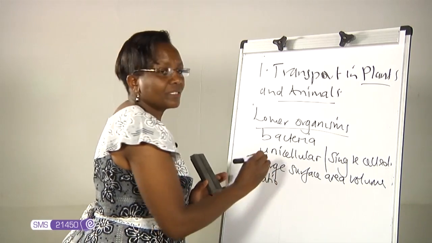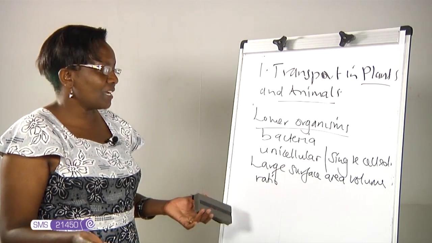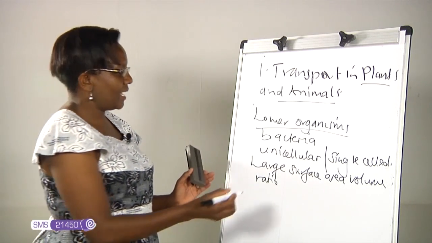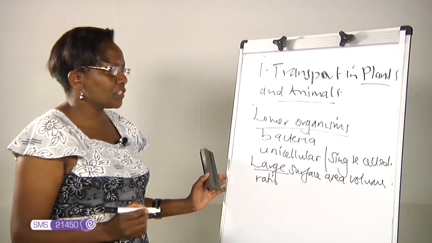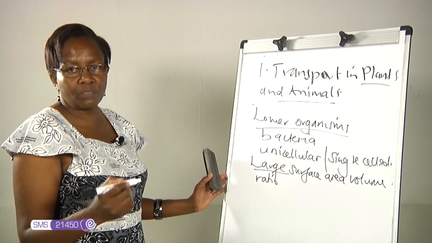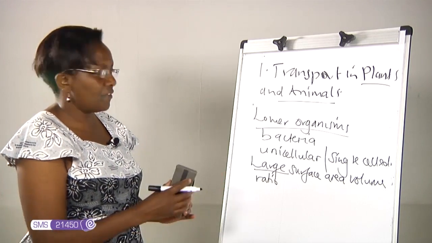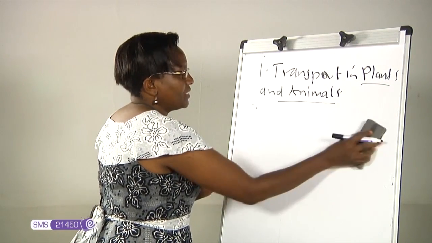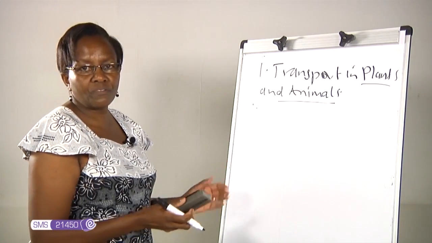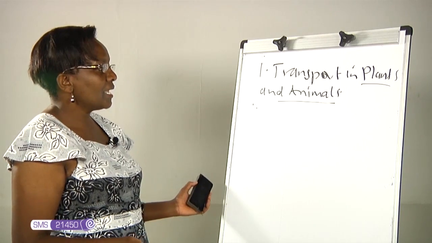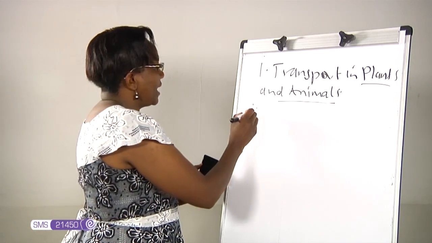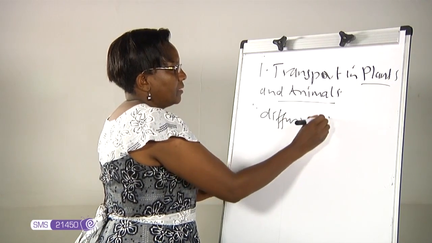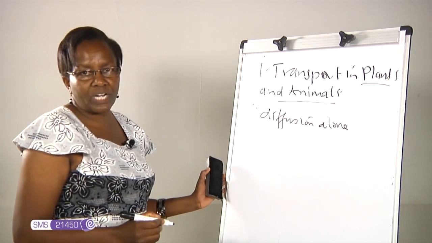I want to believe that you still remember about surface area volume ratio. That is, a small organism has a large surface area volume ratio, meaning that most of its body is exposed to the environment. And therefore, such lower animals rely on diffusion alone for transport.